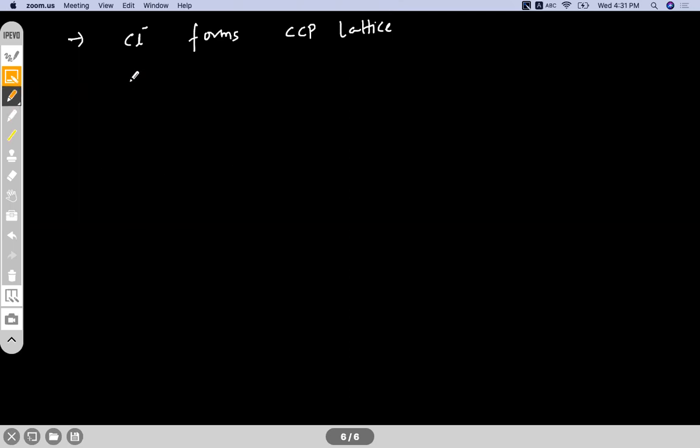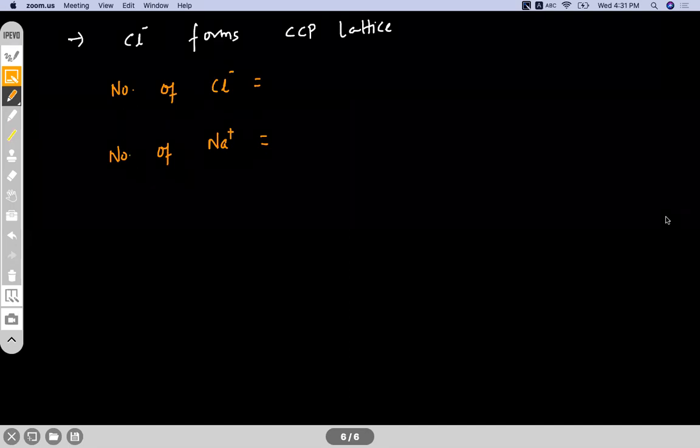I want you to tell me the number of Cl minus and the number of Na plus present in 1 unit cell, because you know the positions of Cl minus and Na plus. Hence, you can easily count them.